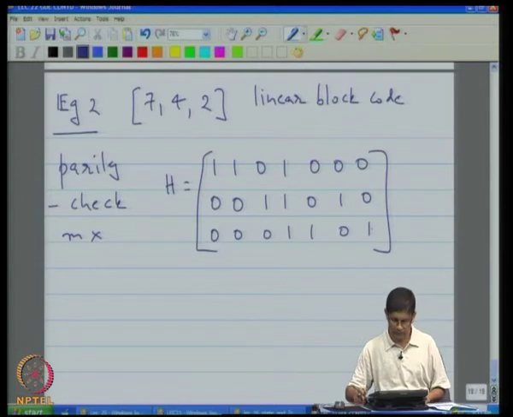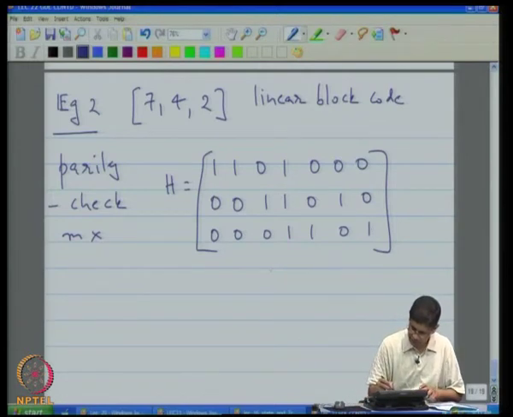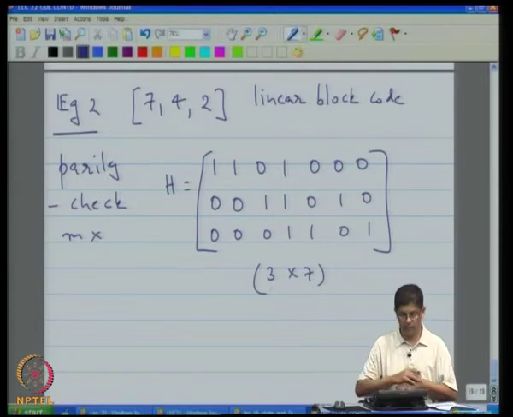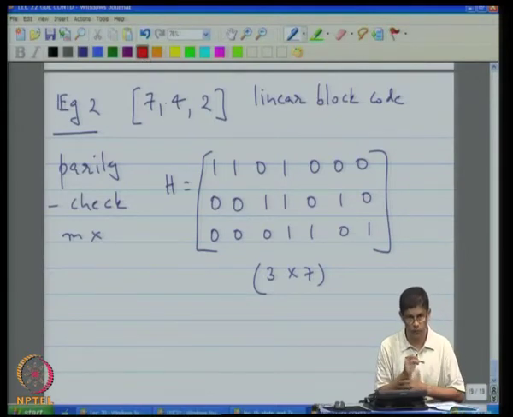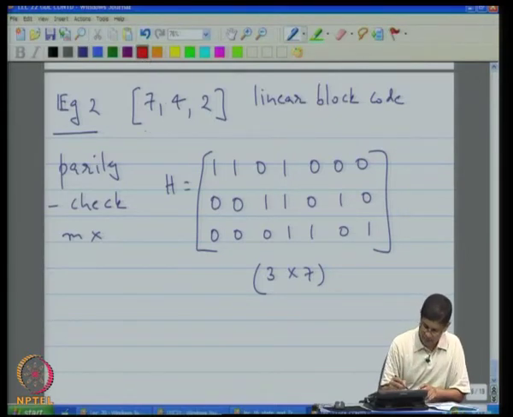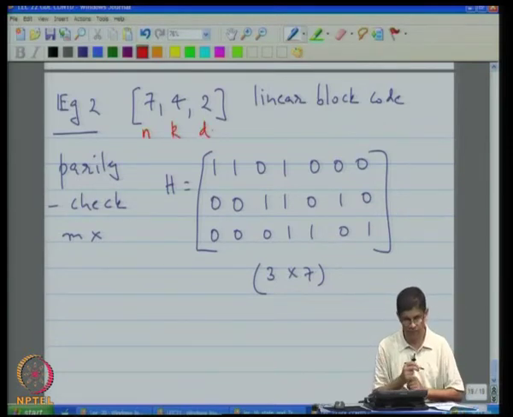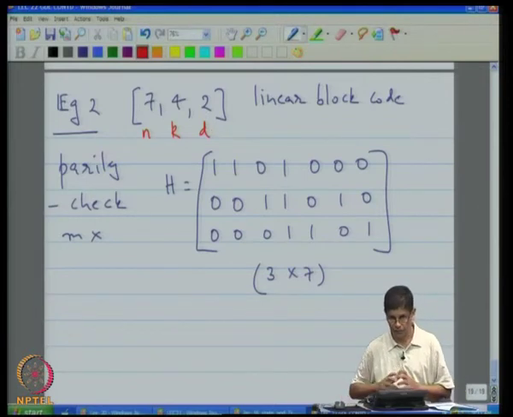You can see that this is a 3 by 7 matrix, as required. Recall that whenever we write a 7, 4, 2 linear code, what we mean is that the code has block length n equal to 7, dimension k equal to 4, and minimum distance d equal to 2.